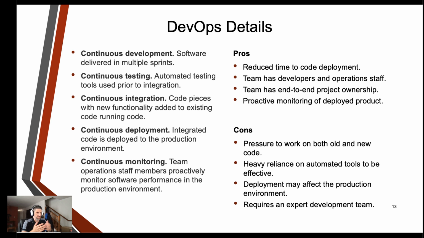Continuous deployment is going to be where we are deploying integrated code to the production environment on an ongoing basis. As each piece of code is integrated and passes the necessary tests, it can be deployed directly into the live production environment without delay. So there's not this whole idea of, okay, we're going to build up all these different things and then we're going to have a release and push it, right?